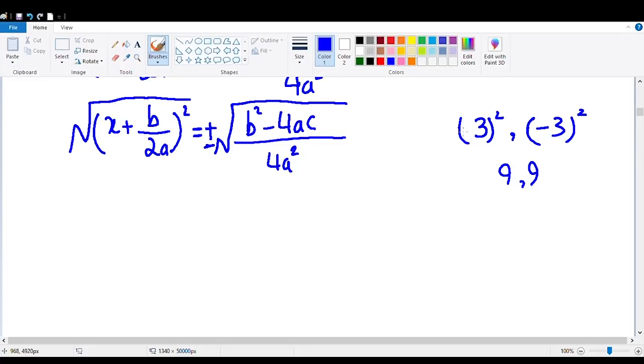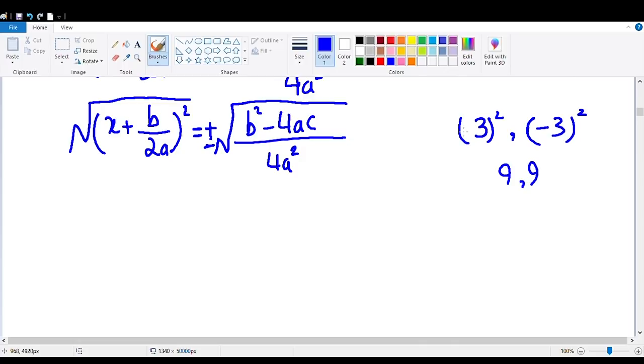Whatever comes out of the square root can be either a plus value or a minus value, in case it was a negative square instead of a positive square.